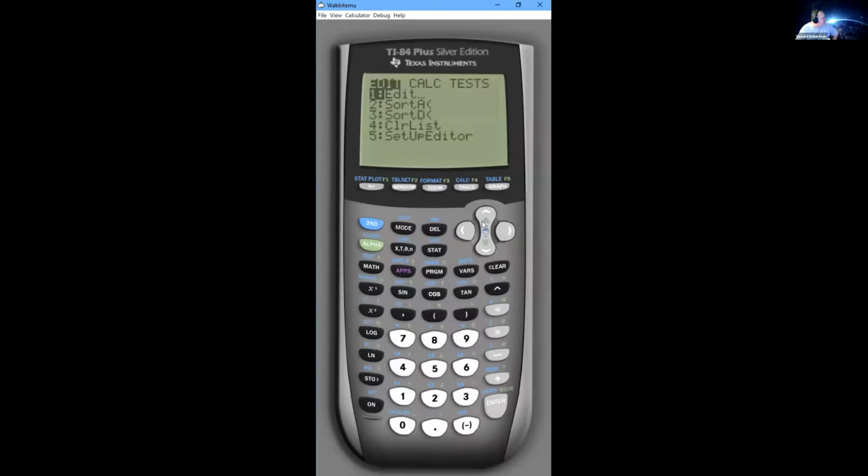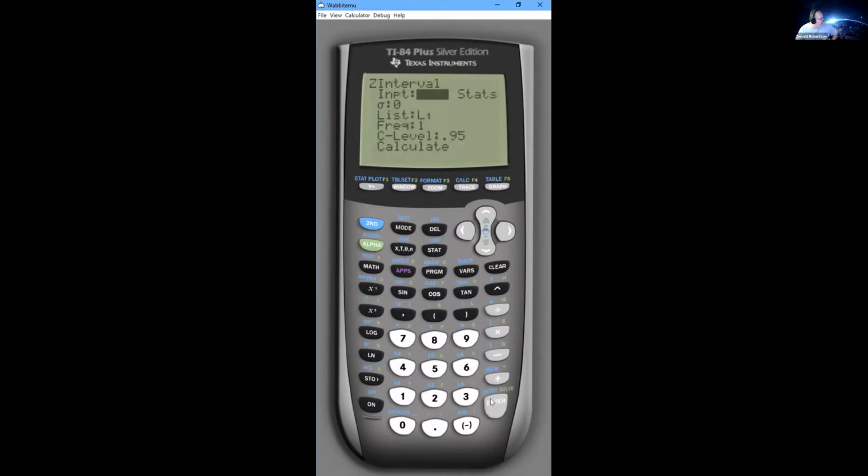We're going to go stats. We're going to go over to tests. So I'll do that slowly. Stat button. Scroll over to tests. And then you're going to go down here. And you're going to see, I believe it's, just double check that. Yeah. You're going to do number 7 called Z interval.